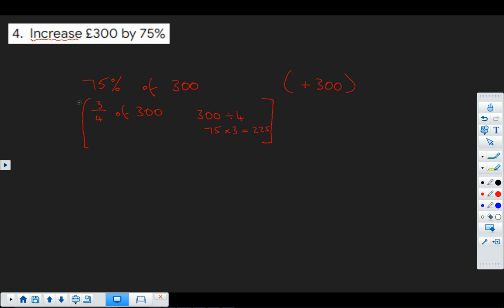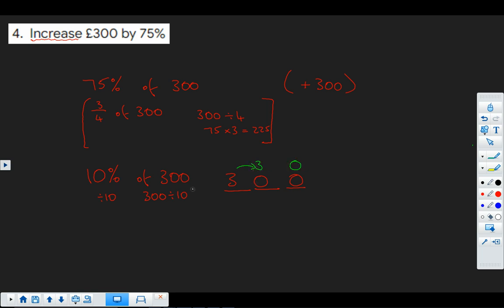So we might know how to do that. We might not. Our key skill here is to be able to calculate 10% of a number. And 10% of a number means dividing by 10. So 300 divided by 10, and this is again one of our key skills. To divide by 10 means that our digits move one place to the right.